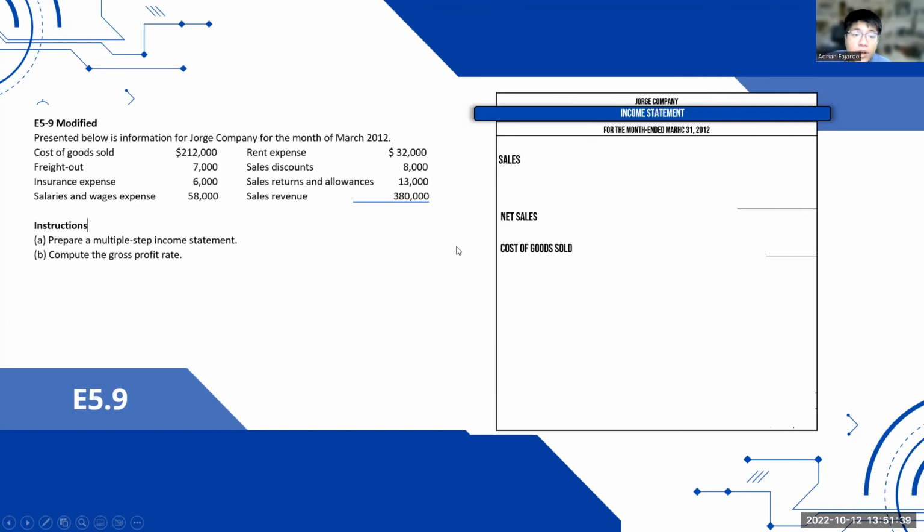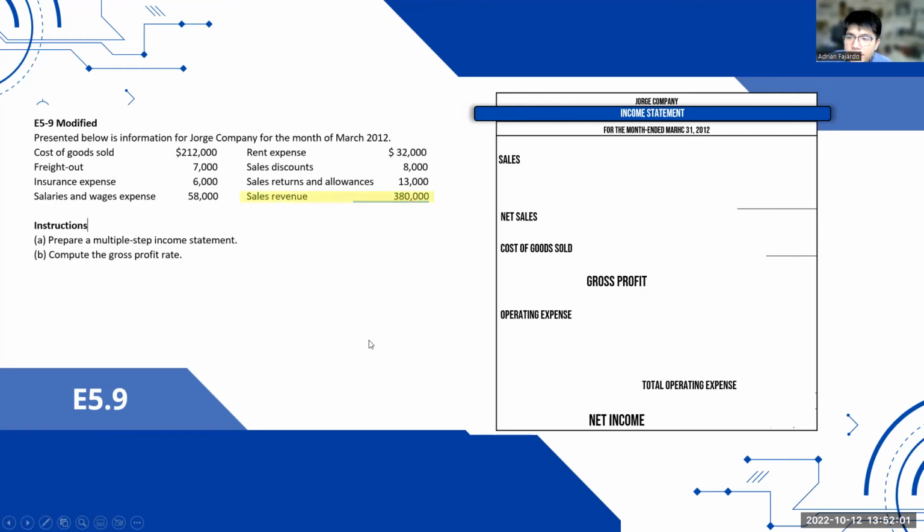And then ultimately, the very first thing that we want to solve for would be our gross profit. After our gross profit, we look at our operating expenses, get the total, subtract total OPEX from gross profit to arrive with our net income. So basically, now that we're clear with the format, it's just basically filling in the blanks, right?